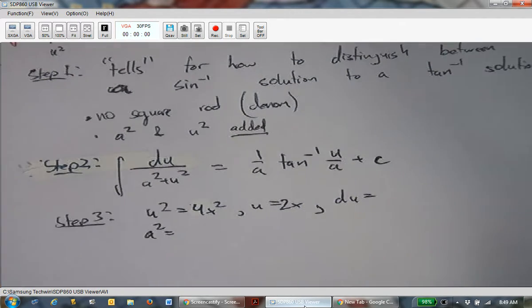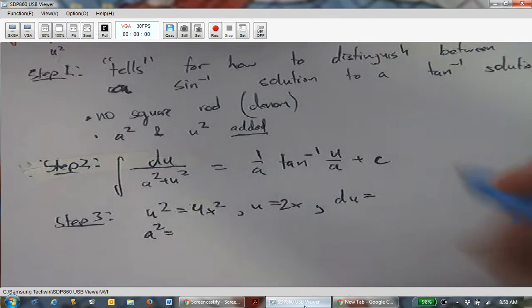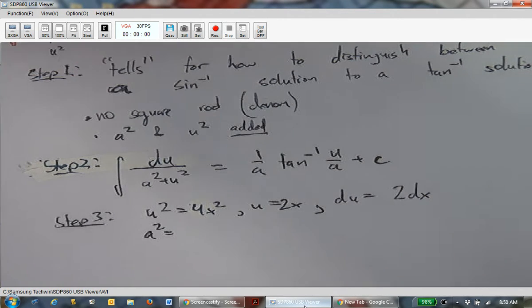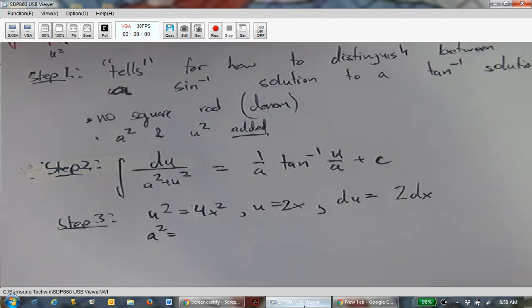What is du going to be equal to? 2, with respect to what variable? So we write that as 2dx. Be very careful. There is a very functional reason why I did that, so I'll come back to this.